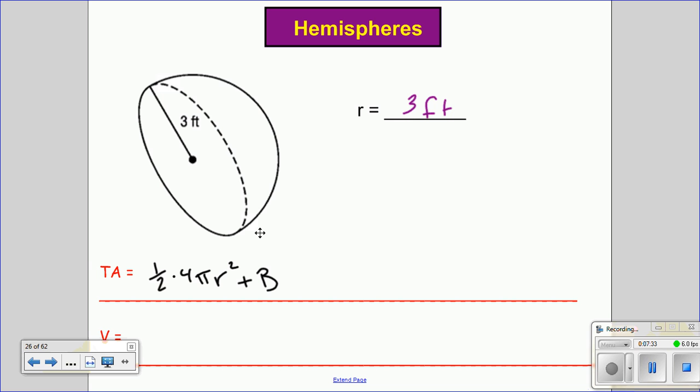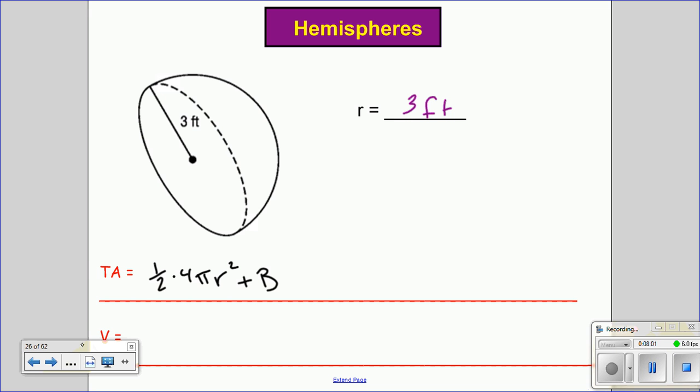The reason I'm doing this is because if I just stop at half of the sphere, that would assume that this bottom piece is just completely opened up, which it isn't. It is covered by a circle. So we would need to find B of my circular base.